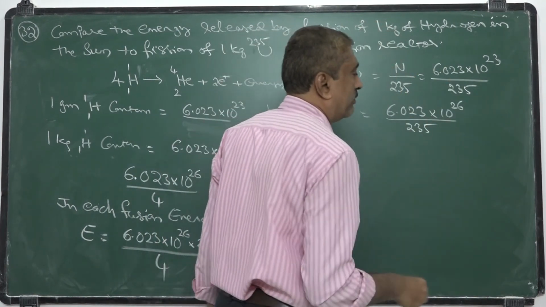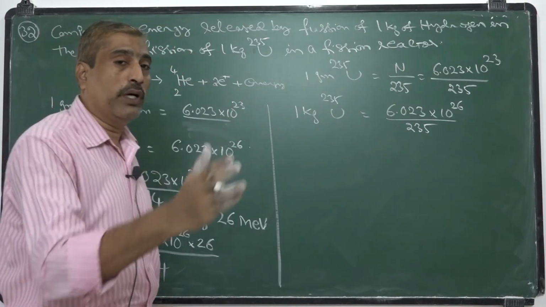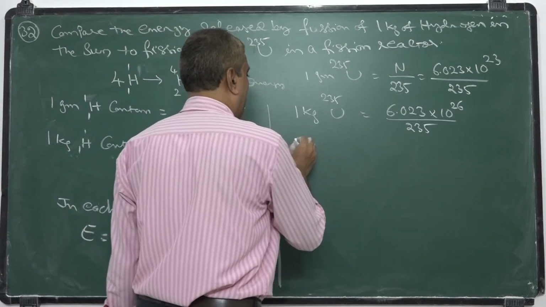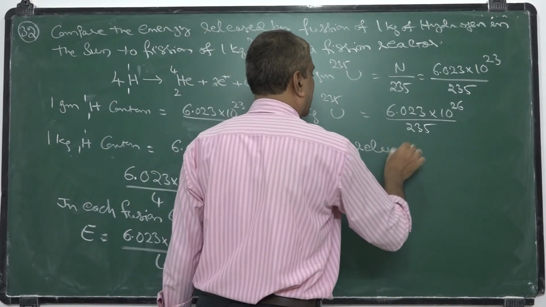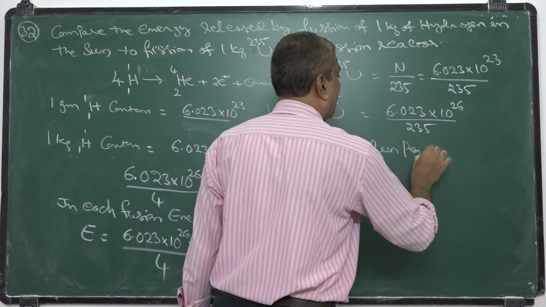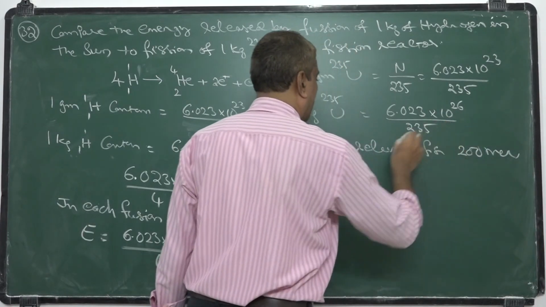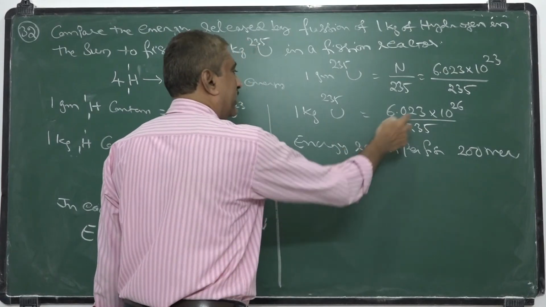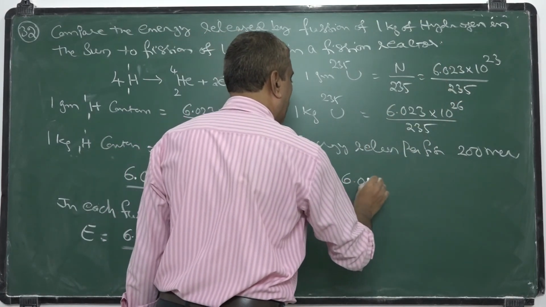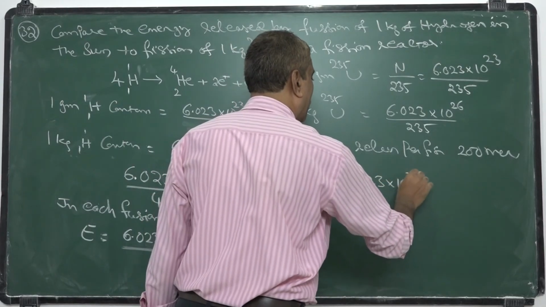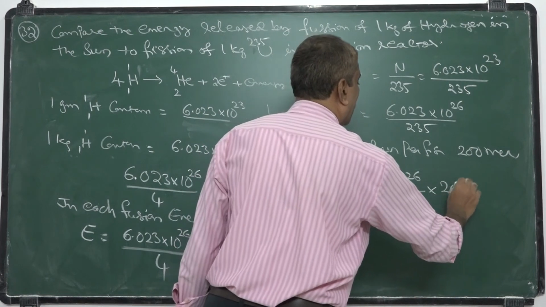For each fission we get an energy of 200 million electron volt. So the energy released per fission is 200 MeV. So the total energy released is 6.023 into 10 to the power 26 by 235 into 200.